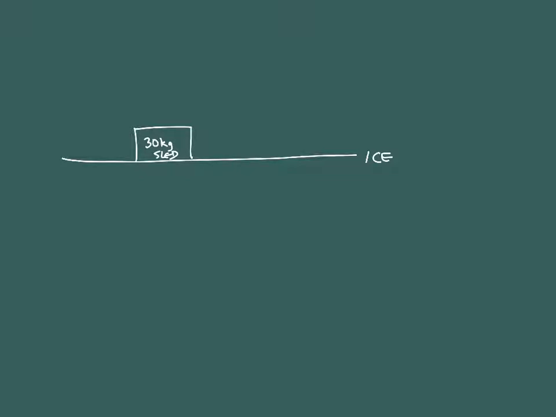Now we're told in the rest of this problem, the boy pulls on the tow rope at 60 degrees above the horizontal. So there's a rope. There's going to be some tension in this rope. And we're told the rope is angled at 60 degrees. That looks more like 45, but who cares?